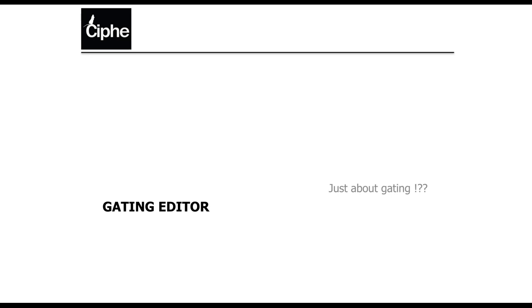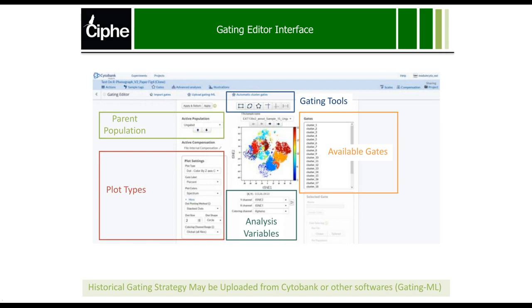Now I wanted to highlight a few things about the gating editor, to show you that it's not just about gating. The interface within Cytobank is actually powerful for other things. So first, how does it look? That's the gating editor interface. We see that there are several windows or interaction boxes. One shows, for example, the gating tool, which is quite common.